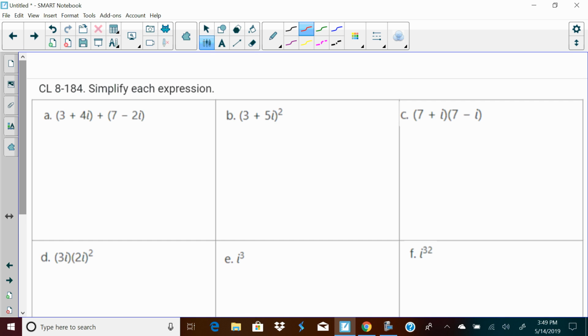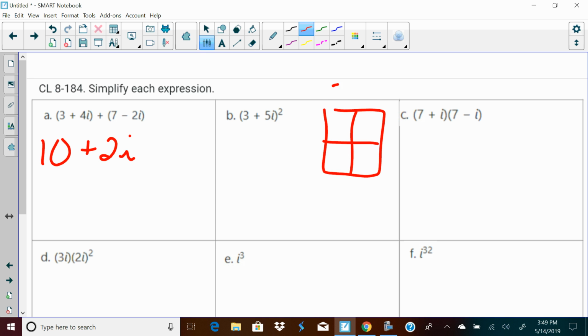184, simplify the expressions. So for this one, I do 3 plus 7 is 10. 4 minus 2i is 2i, so plus 2i. This one I would draw a box for. So I get 9, 15i, 15i, and 25i squared, or negative 25.